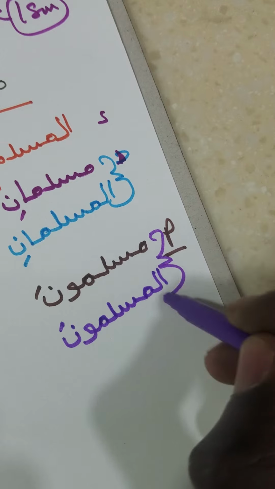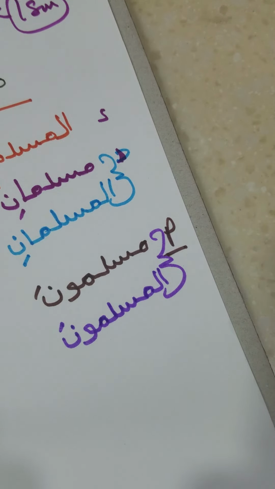Now when we come to look at this, again you will notice that this one still does not have a tanween. So it will simply be al-Muslimun. You see? Why? Because there was no tanween in the first case.